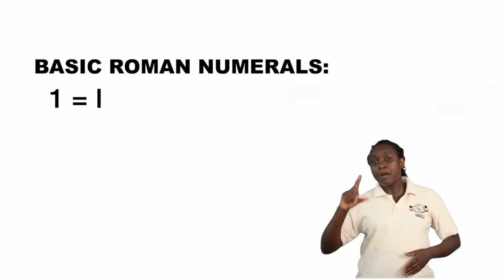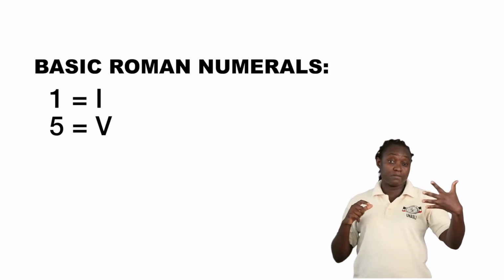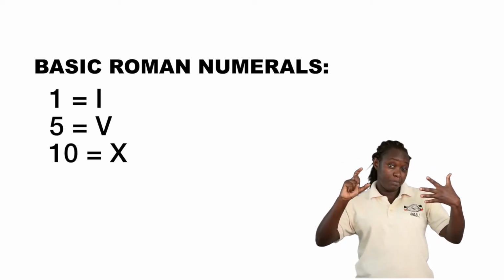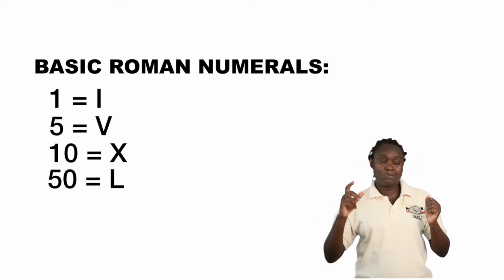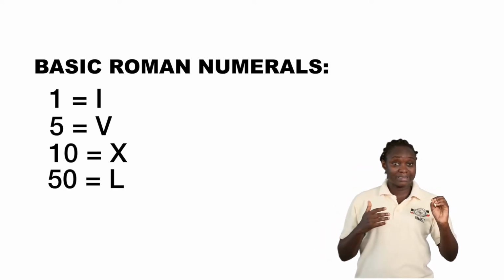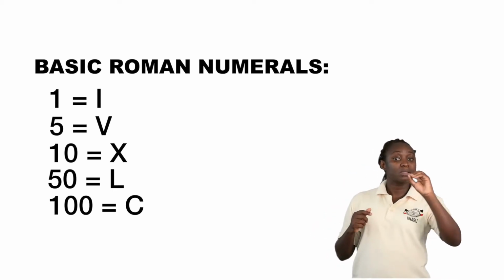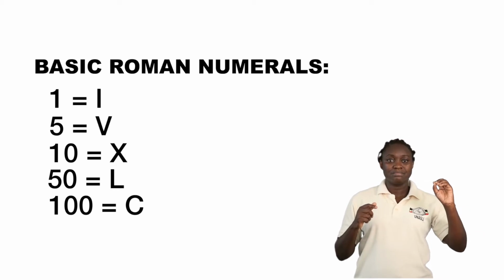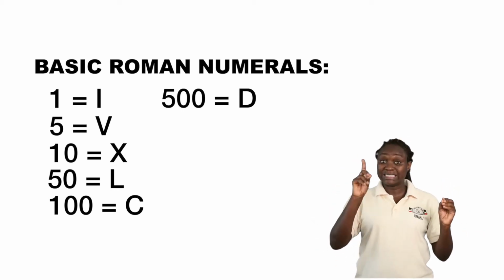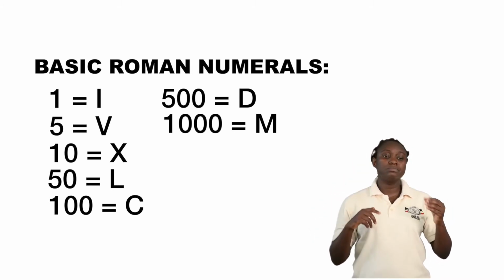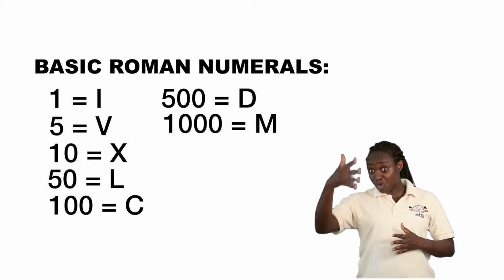We said 1 is I, 5 is V, 10 is X, 50 is L, 100 is C, 500 is D, and lastly 1,000 is M. So those are the basic numerals.